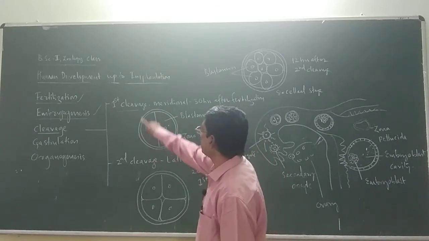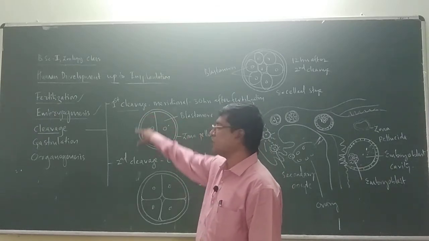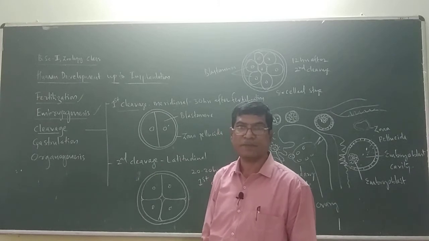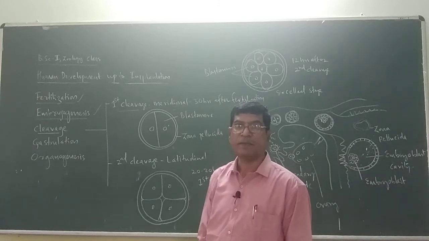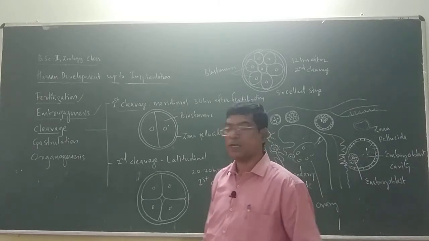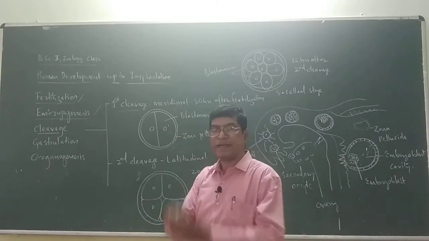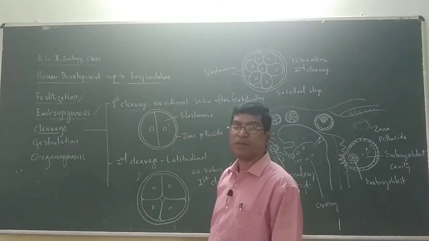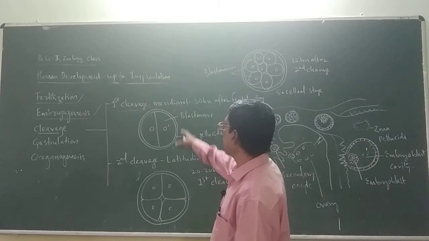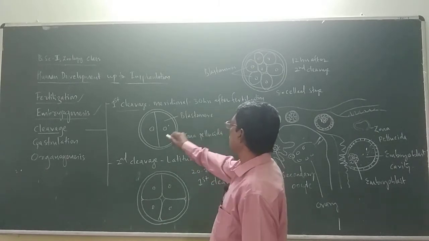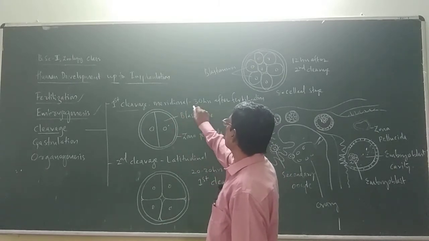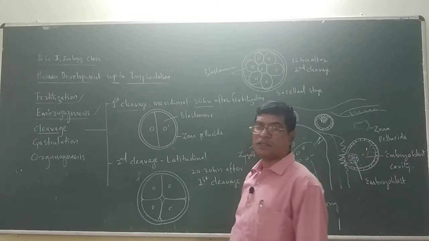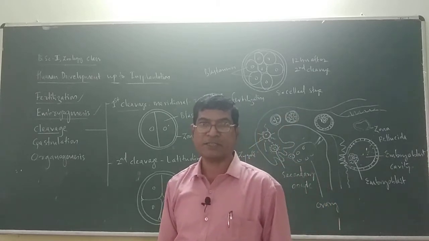Still, it is externally covered by the zona pellucida layer. Because of the presence of the zona pellucida, these cells are intact. They are present inside the zona pellucida. Okay, blastomeres. The first cleavage occurs 30 hours after fertilization.